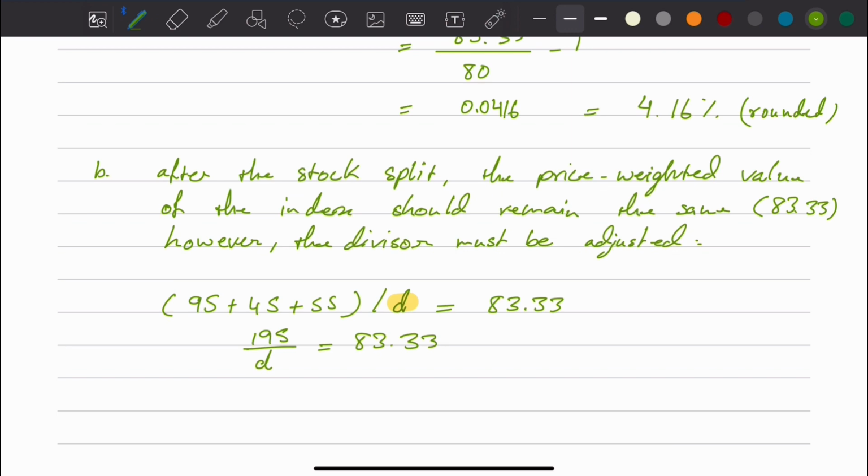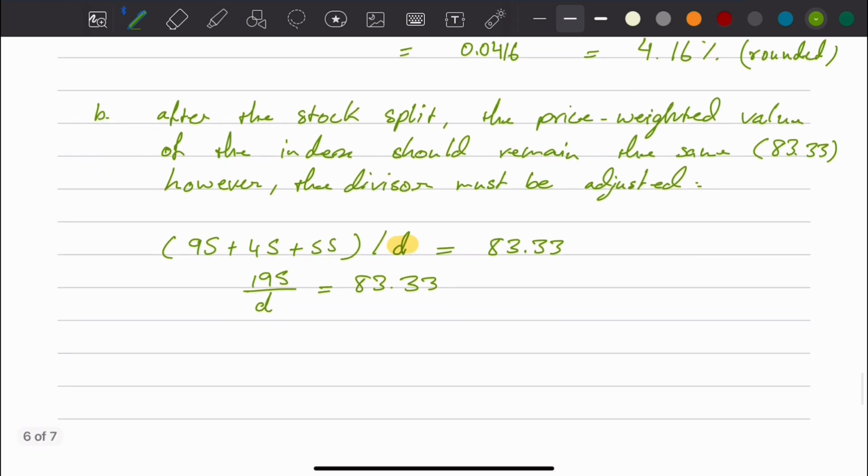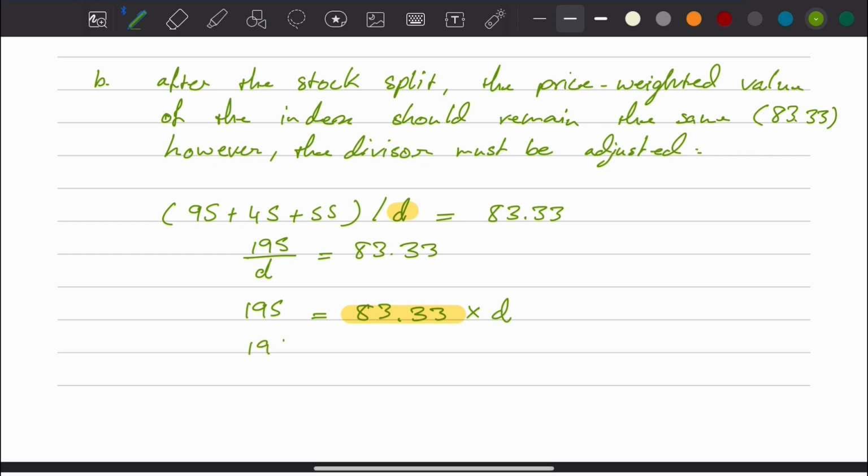First we'll multiply both sides by D, and that will give us 195 equals 83.33 multiplied by D. Then we'll divide both sides by 83.33, so it becomes 195 divided by 83.33 equals D. Using our calculator, 195 divided by 83.33 gives us D equals 2.34.